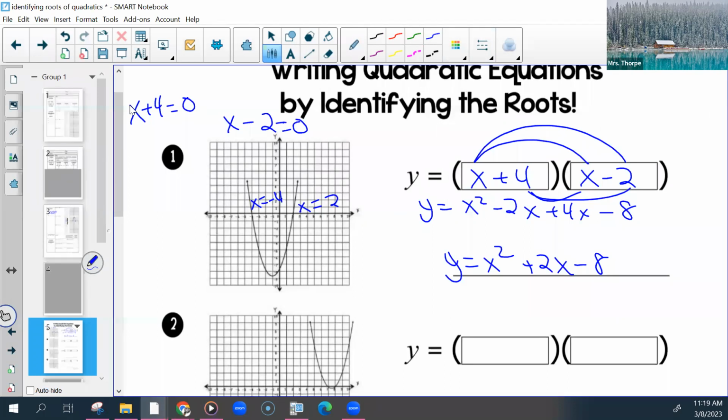So the reason we write them backwards is that if we were to solve this, get x by itself, we would get our original zeros.